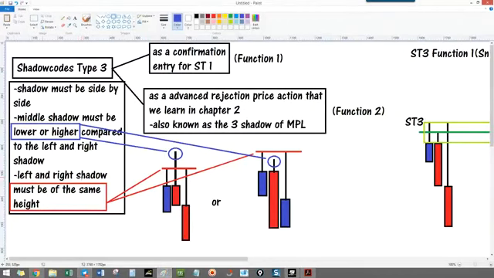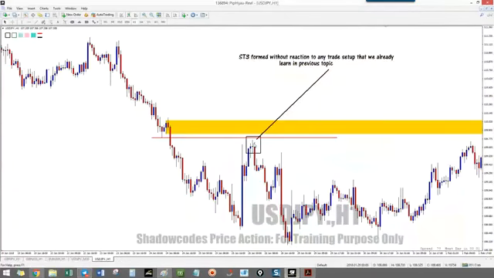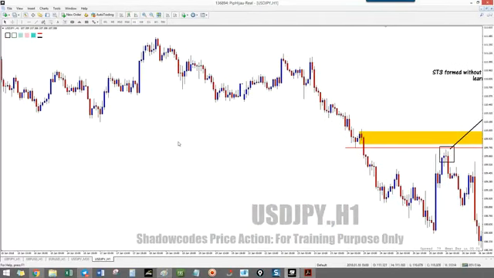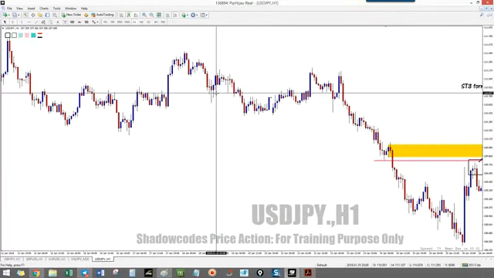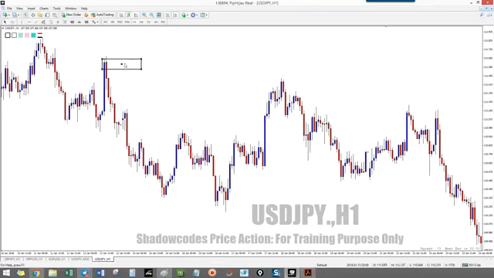Left and right shadow must be of the same height. If it's just a small difference, like this one, it's okay. But if it's like this, it has a big difference. You can see the difference, okay?